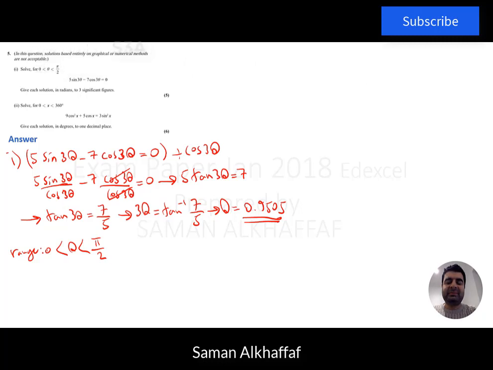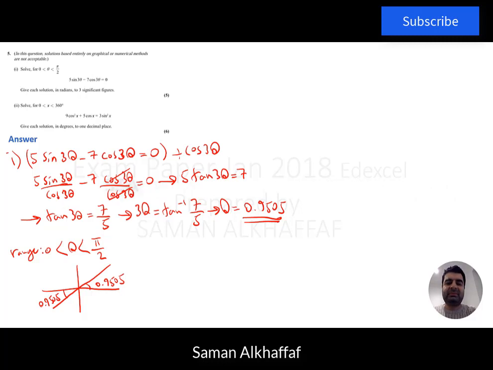Since the range is between 0 and pi over 2, we would have a scenario where the angle will be 0.9505, and also we add a pi to it, because adding pi adds another 180 degrees. So these will be the potential ranges.